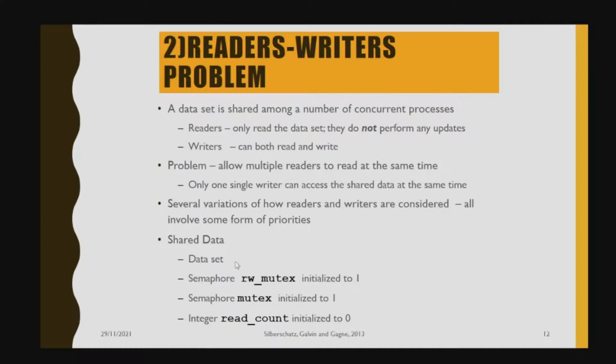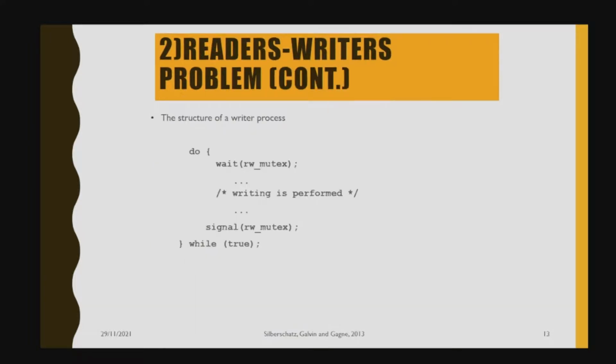Okay, so we have the shared data, referred to as the data set, and then we have the semaphore read-write mutex, which is initialized to 1, and semaphore mutex initialized to 1, and integer read count initialized to 0. So these are the variables that can be used in order to cater to this problem, or structures for the readers and the writers.